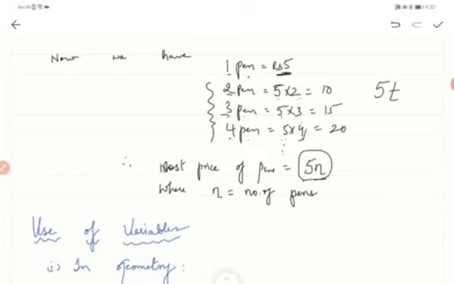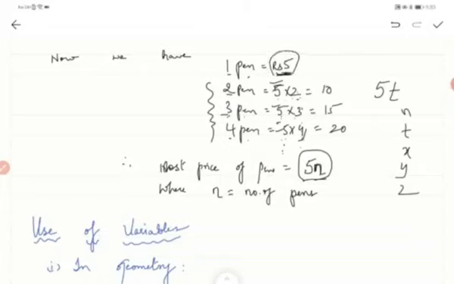This will become the variable, since it keeps changing. This 5 is a constant, right? So this keeps changing, so you can take it as a variable. You can take x, y, z, t, n, a, anything. So n will represent the number of pens, and your 5 is the constant, which is the cost of 1 pen.